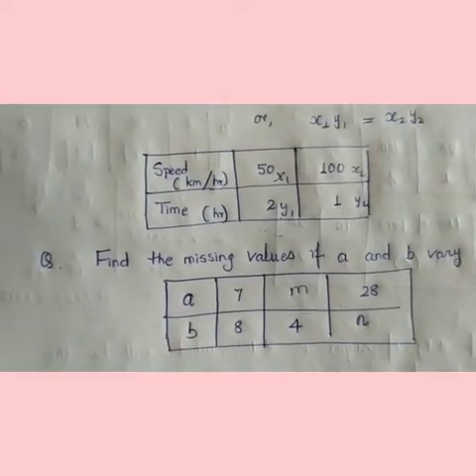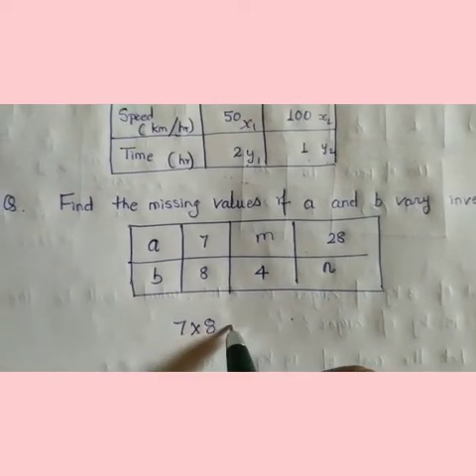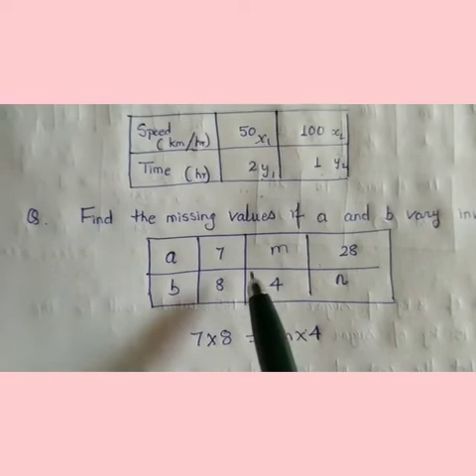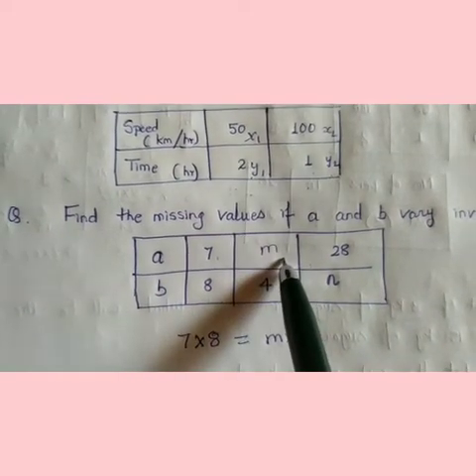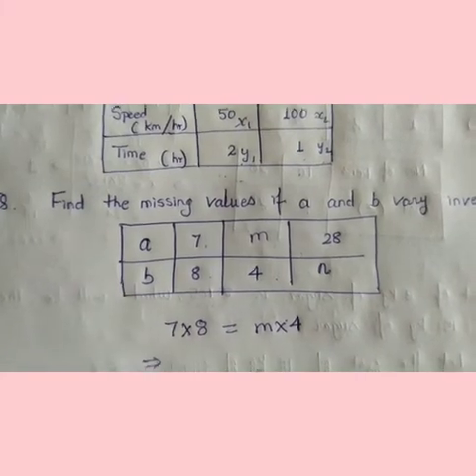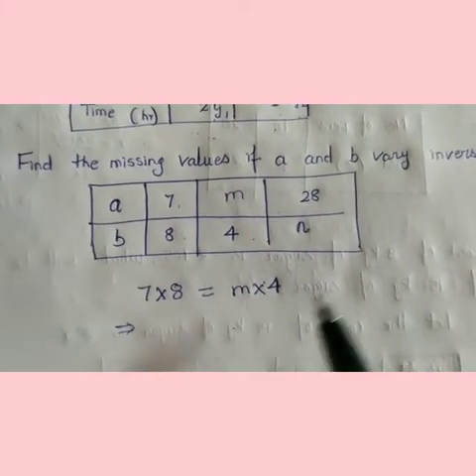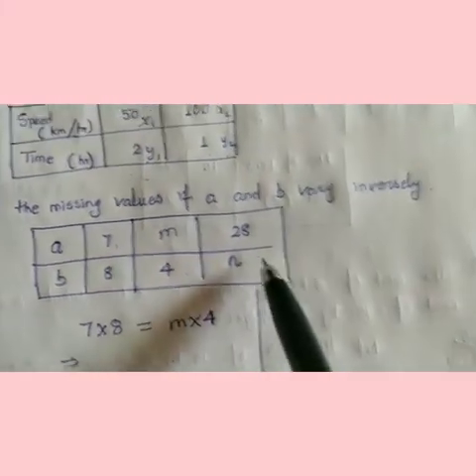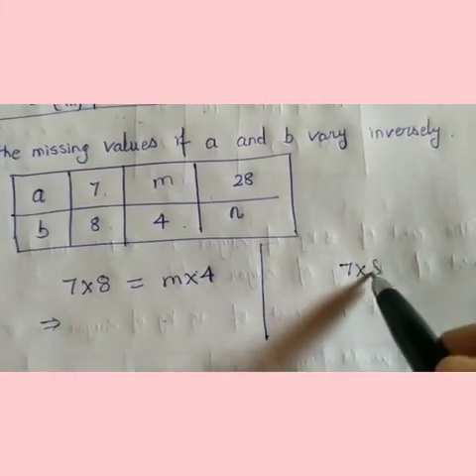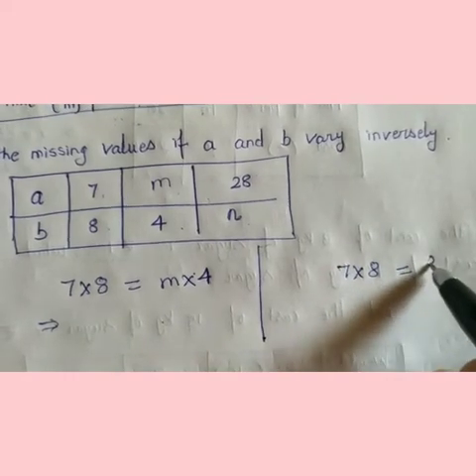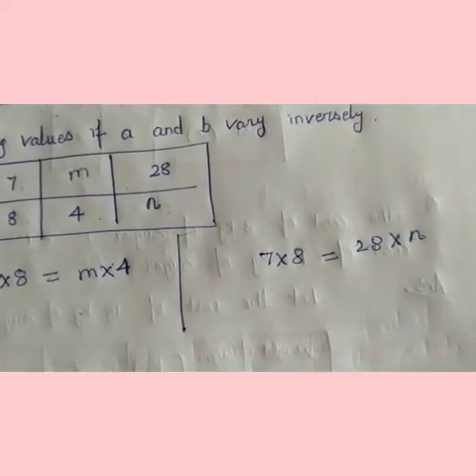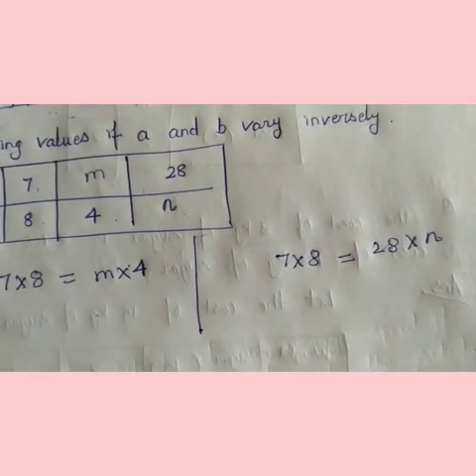Therefore 7 multiply 8 is equal to M multiply 4. x1 into y1 is equal to x2 into y2. You can easily find the value of M. Now in order to find N, you can write 7 into 8 is equal to 28 into N, and you can find the value of N.